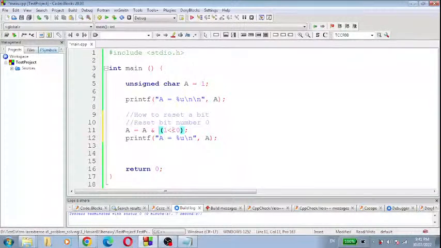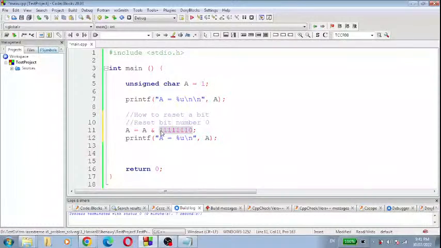I want to write the bitwise not operator before these two brackets. Why have I done this? Because I want to make the AND operation with 1 1 1 1 1 1 1 0. So this is the mask I want to use.